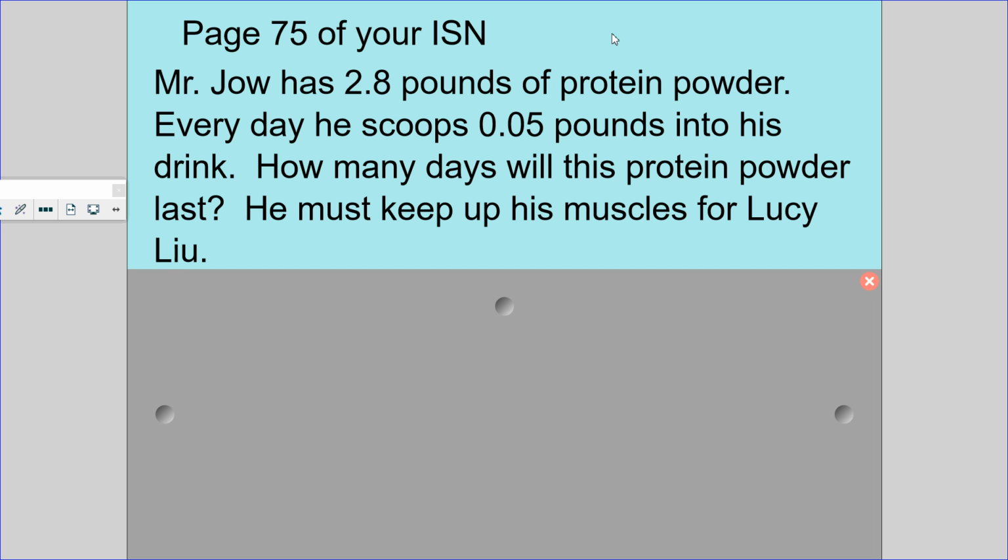So is this dividing or multiplying? Let's think about it. He has this big container that holds 2 and 8 tenths pounds of protein powder. He takes 500 thousandths away every day. So I'm figuring out how many 500 thousandths go into here. I'm taking away. Repeated subtraction means division.